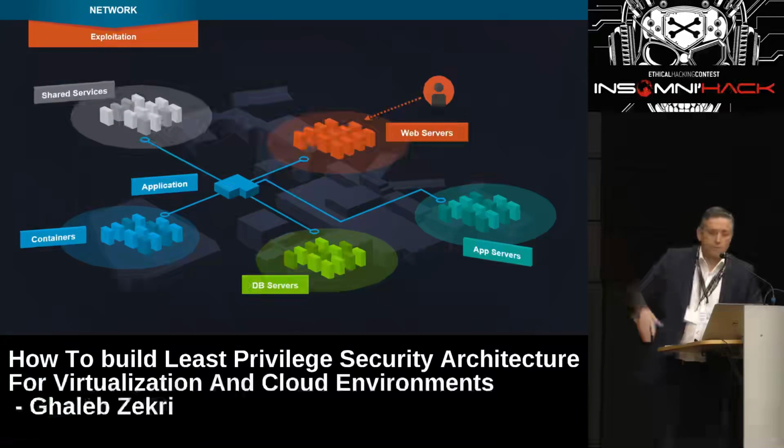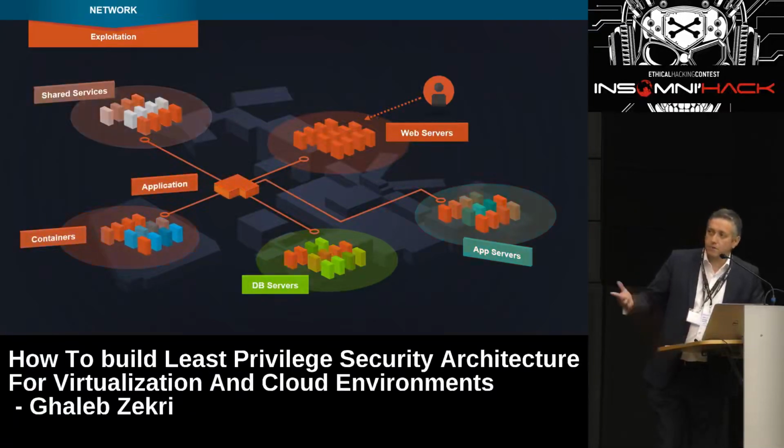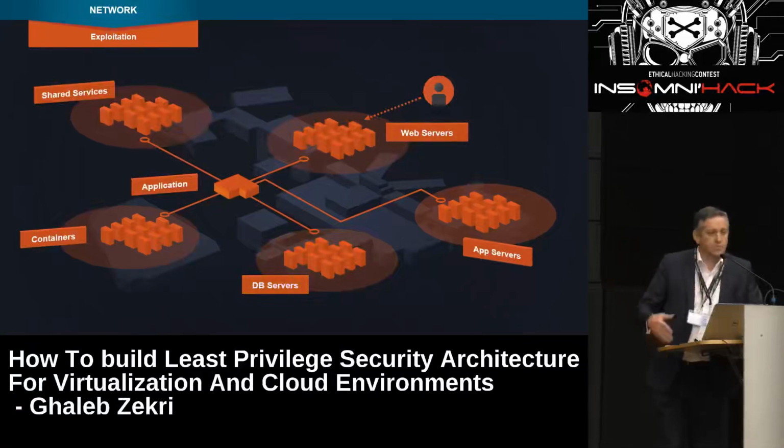And then by using legitimate traffic, I can go from one zone to another and then exfiltrate data, and I'm doing a sophisticated attack. So it's a mix between vulnerability, architecture, and the way we implement security.